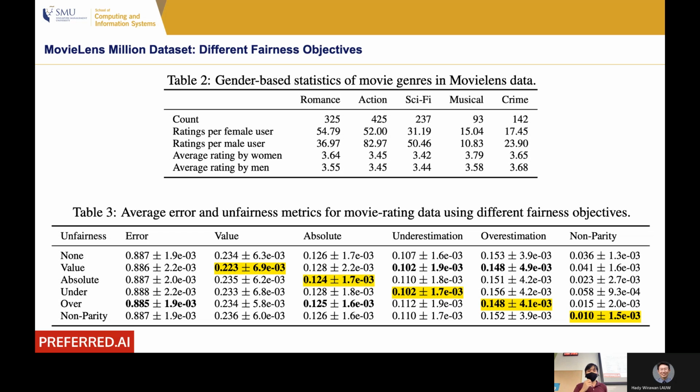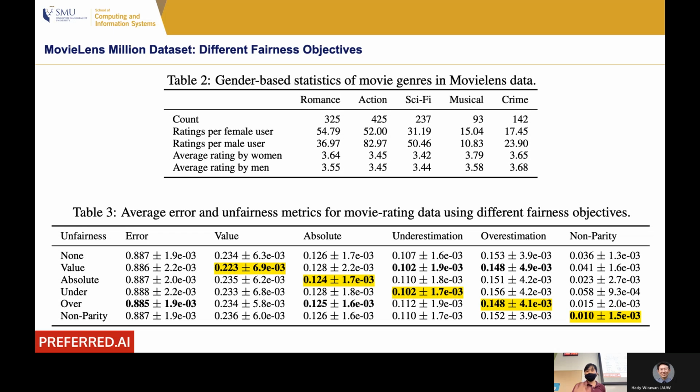Those are the ones that have kind of bias in how male and female users rate the movies. And this one, they also follow the same procedure, conduct an experiment, and see how different unfairness metrics can affect the results.